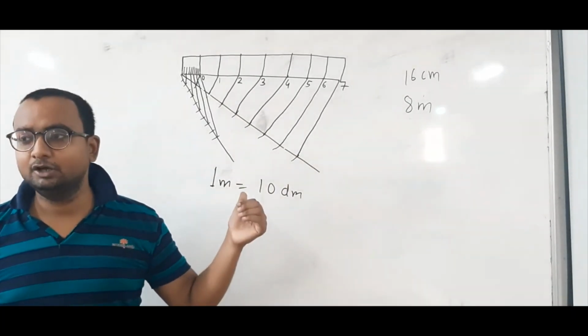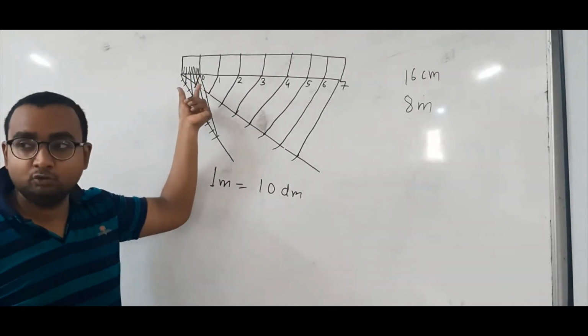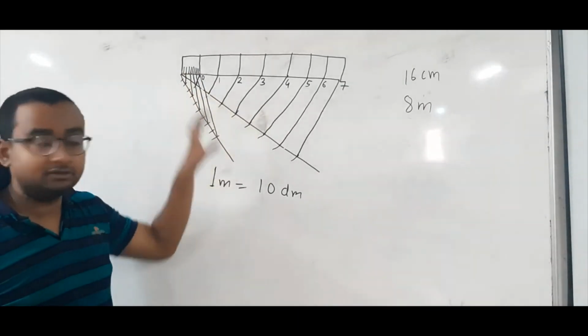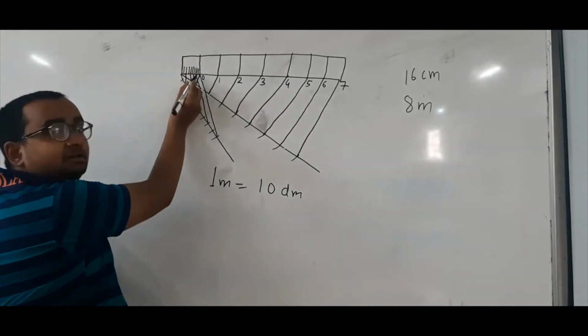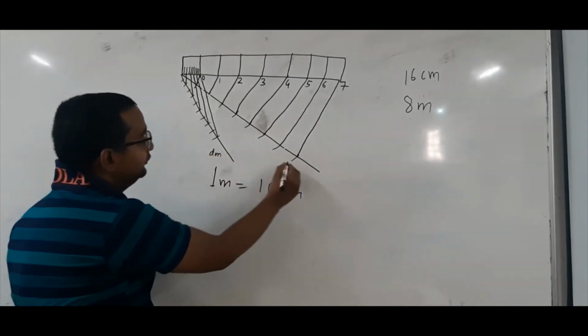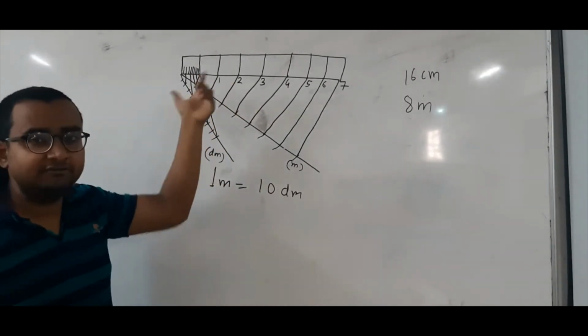In this manner we have divided the smallest division of 1 meter into 10 equal parts, and now the smallest division represents 1 decimeter. So in this manner we have drawn the scale for the given problem.